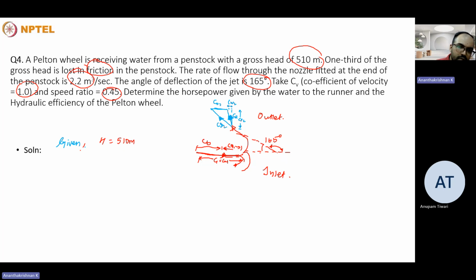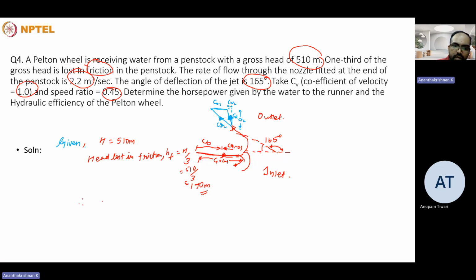Head loss in friction, HF, will be equal to H by 3, given as one third of the total head. That will be equal to 170 meters.